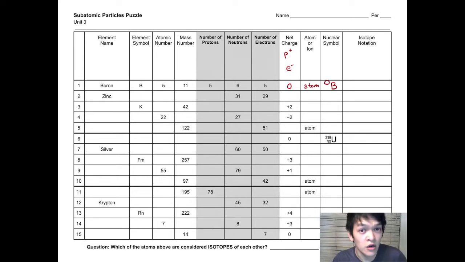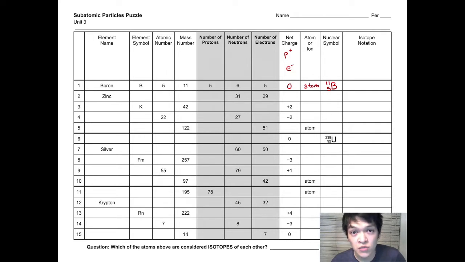It's typically the larger number. Okay, now the mass number is 11 here, so I'm just going to put 11 on the top. The information on the bottom is going to be the atomic number, which is the same thing as the protons. So atomic number, which is the same thing as protons, it's going to be 5 on the bottom. So there we go, we have our nuclear symbol.